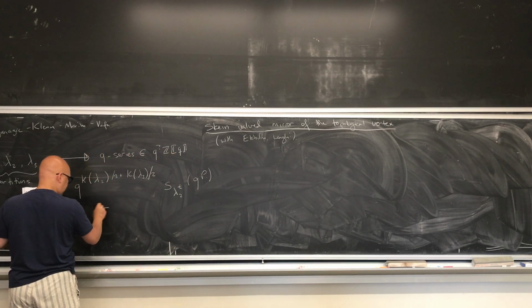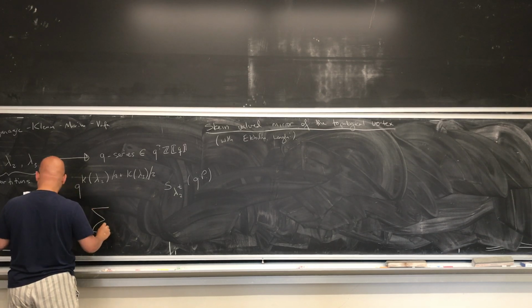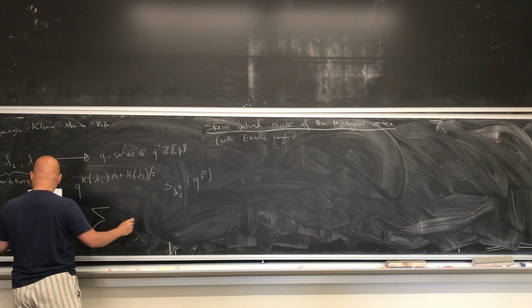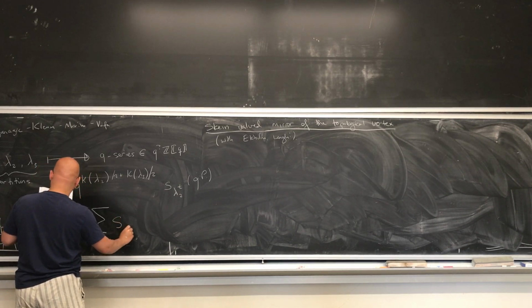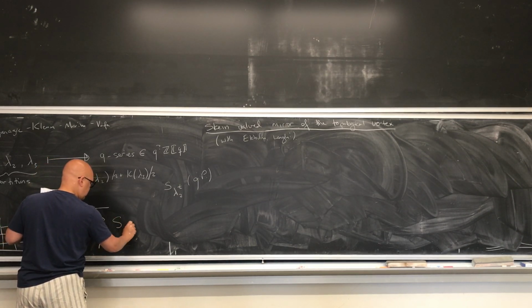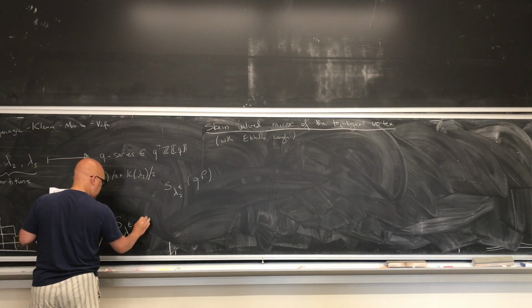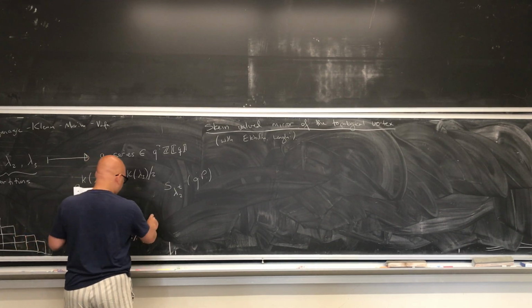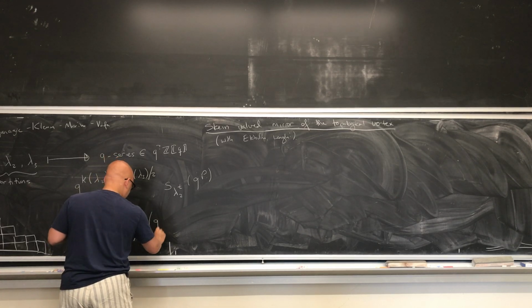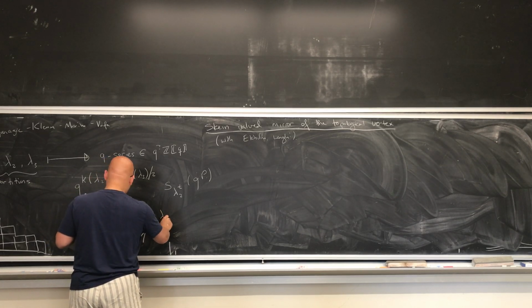The trace, some kind of character of some corresponding representation of the symmetric group. And then a sum over S. And some kind of expression in skew Schur functions. Skew Schur functions are something you can define in terms of the Schur functions.